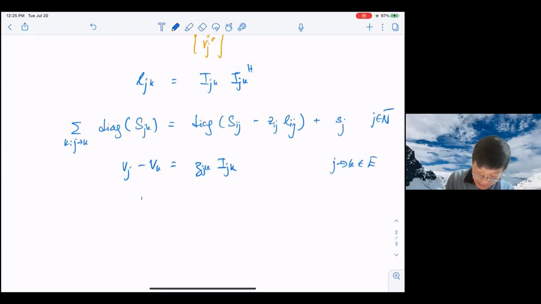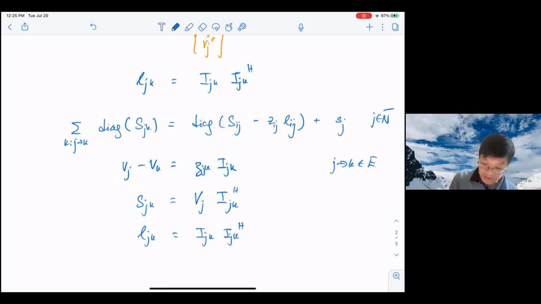And then the Sjk, as I mentioned earlier, is the outer product of Vj, which is a column vector, and Ijk Hermitian row vector, and then the Ljk is also a rank 1 matrix.